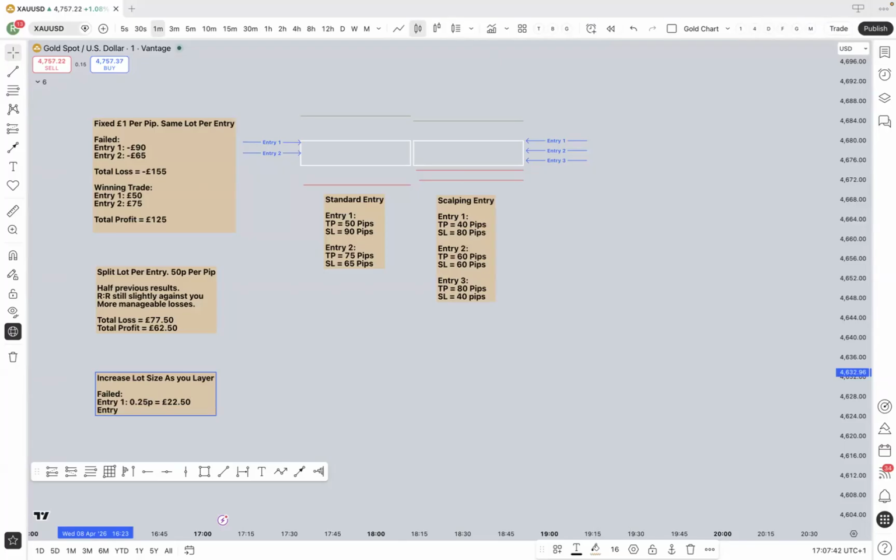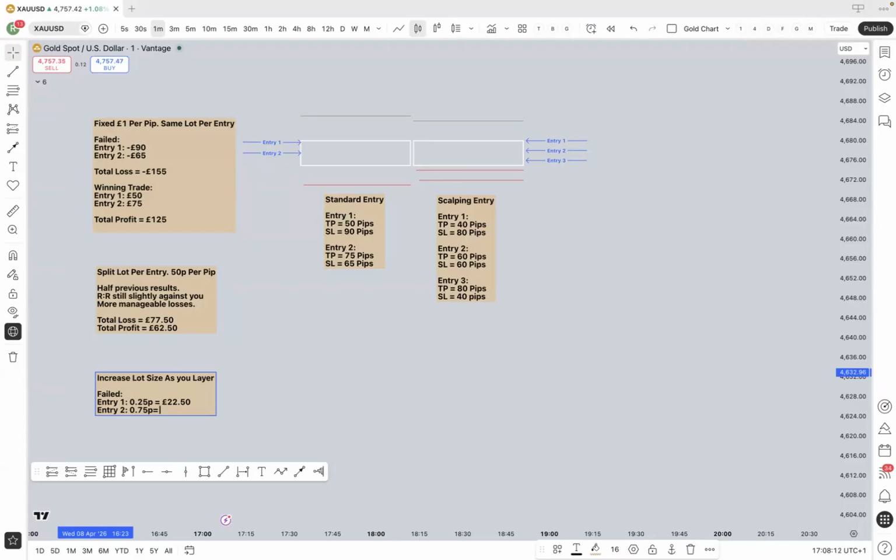Entry 2 will be 0.75, so basically 3/4 of whatever lot size you're going to trade. So if you take the monetary value away for now, if you were doing one lot per trade, which would need £10,000 in your account, you would do 0.25 and 0.75 lots.